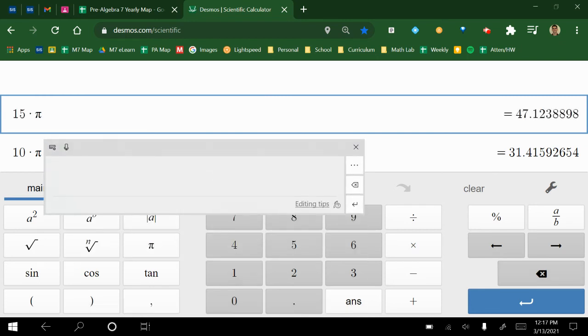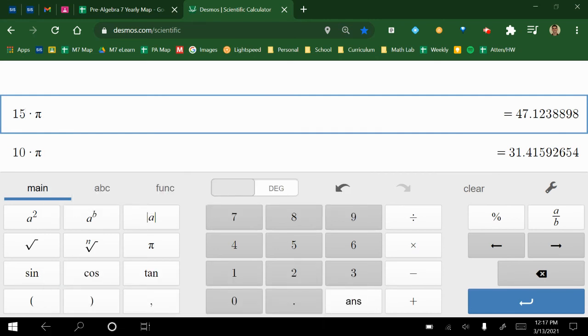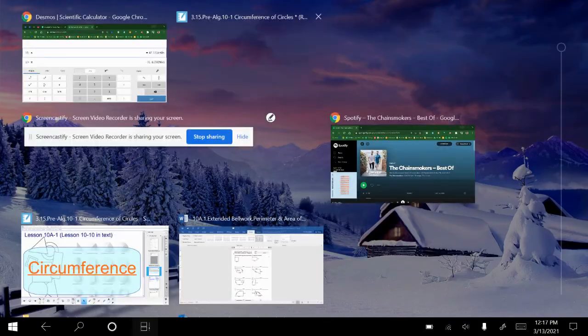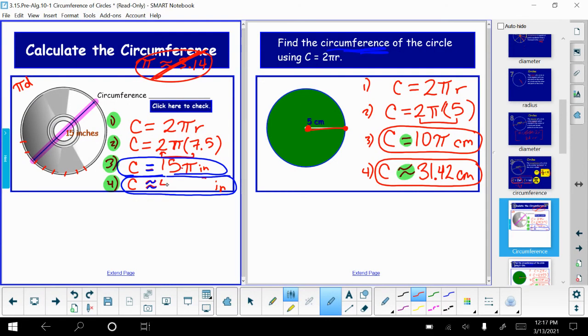And you can type in the number that you want. And naturally, 47 and 12 hundredths inches is our approximate answer.